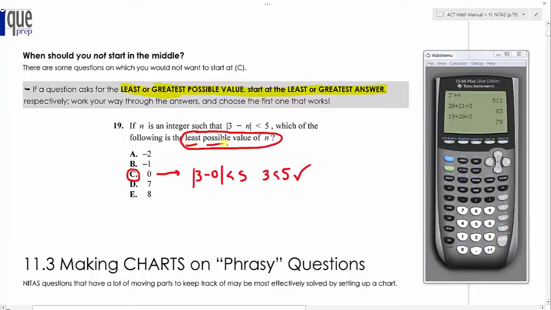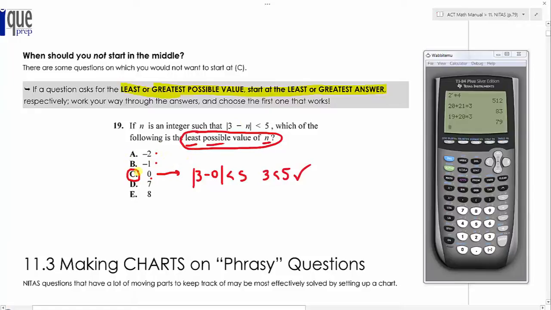Unfortunately, because the question is asking for the least possible value of our variable, just because answer choice C works doesn't mean it's the least possible value that would work. If either answer choice B or A worked, then one of those would be less than answer choice C and therefore would be a more correct answer.